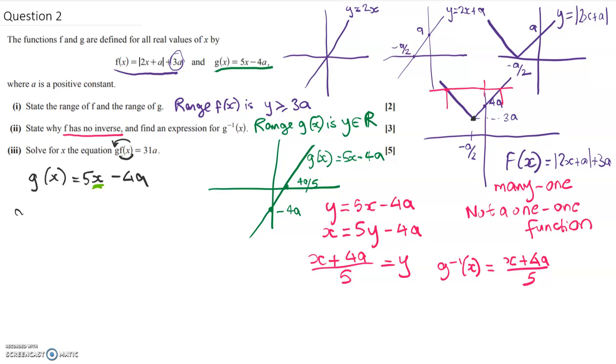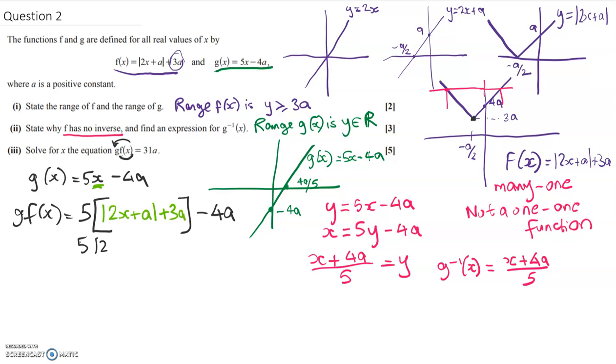So I'm going to have 5, and then a big bracket, 2x plus a in the mod signs, plus 3a, minus 4a.